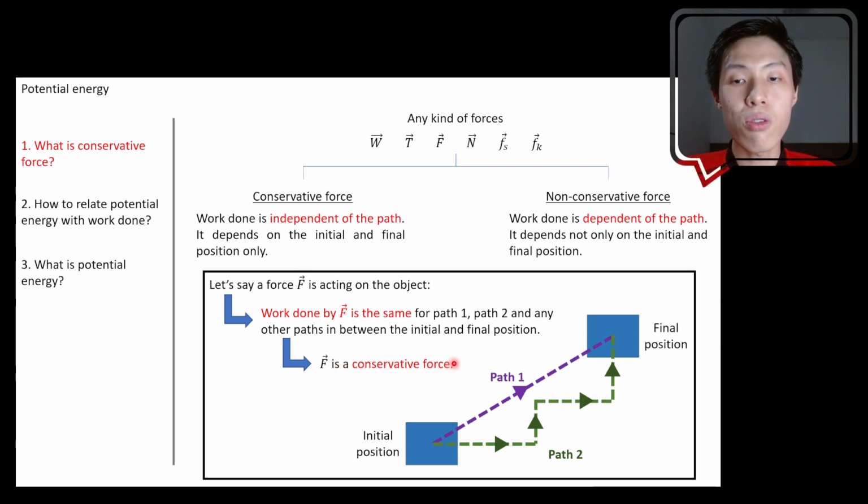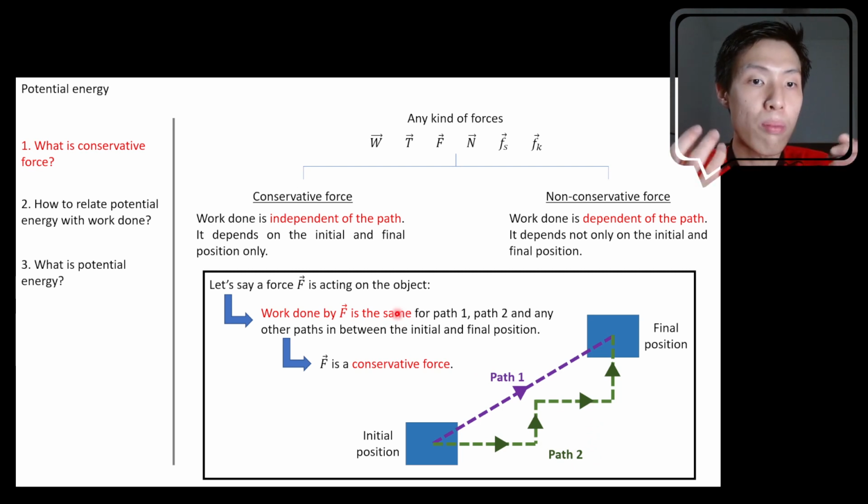So what if you have another kind of force and you try to determine the work done using path 1 and using path 2? If these two paths provide you different answers for your work done, that means the path actually decides how much work done will be produced by the force. That means the work done is dependent on the path.